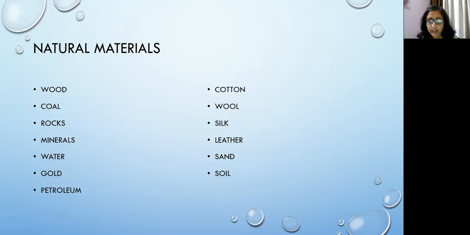In it, how cotton fiber is made into fabric, how that is all done, that you all have understood. So this is again a material जिससे cotton clothes बनते हैं. Okay, then wool, silk, leather, sand, soil. So these all are naturally occurring materials, which nature gives us.